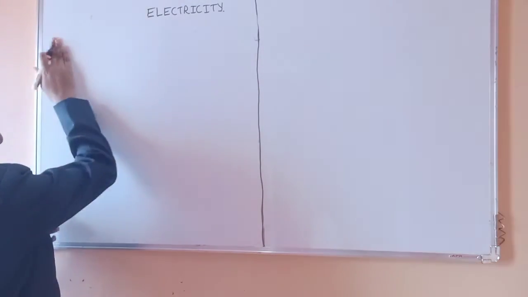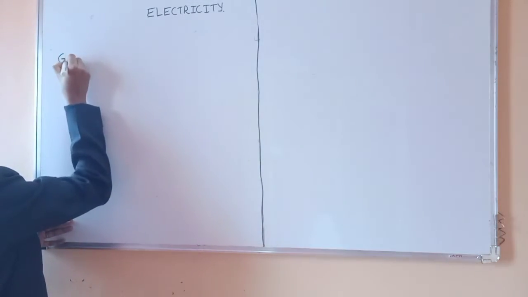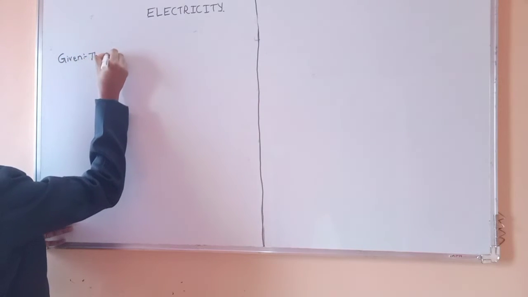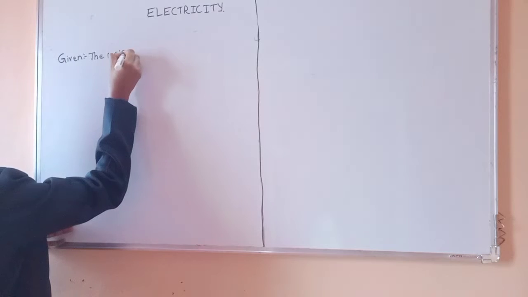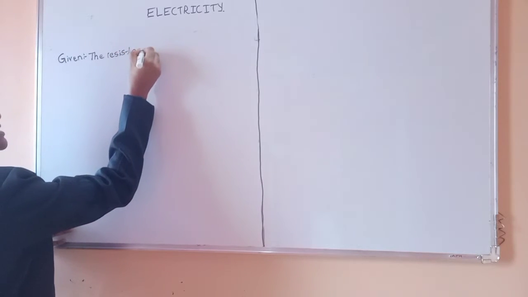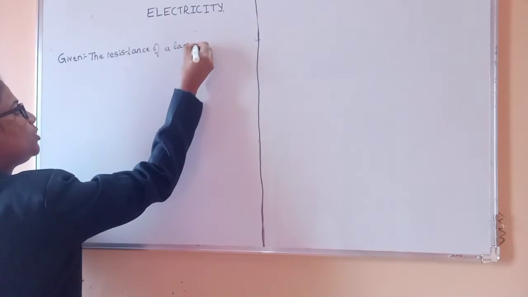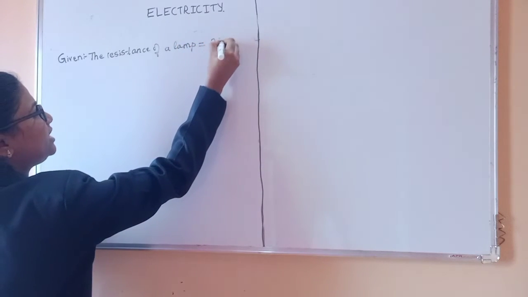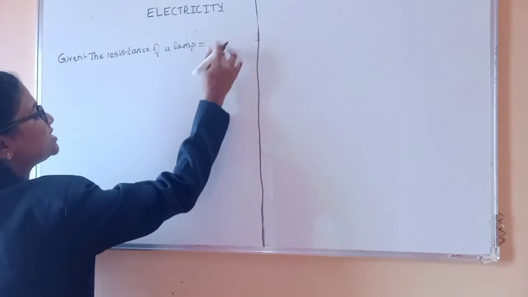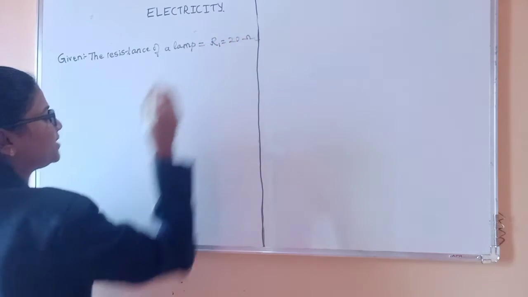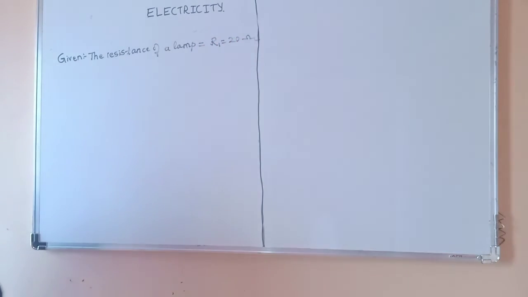So the given here is, first one, the resistance of a lamp. The resistance of a lamp is around 20 ohm, which is considered as R1. Okay.